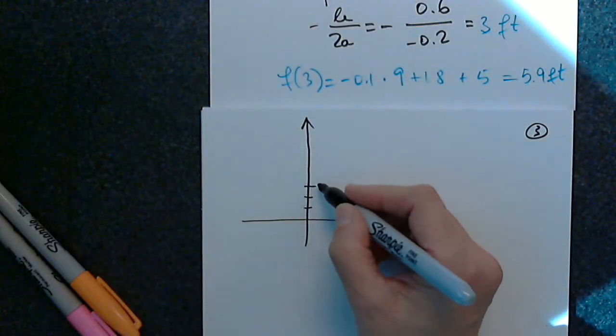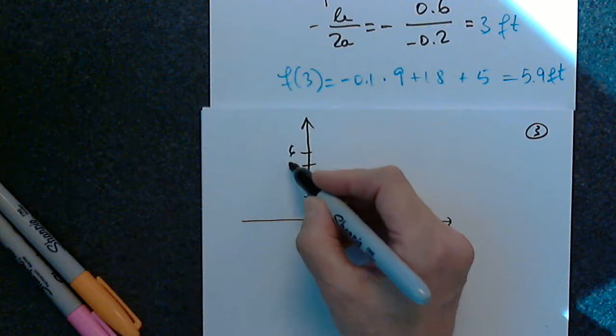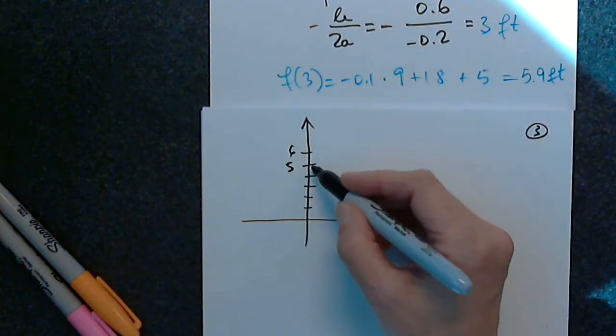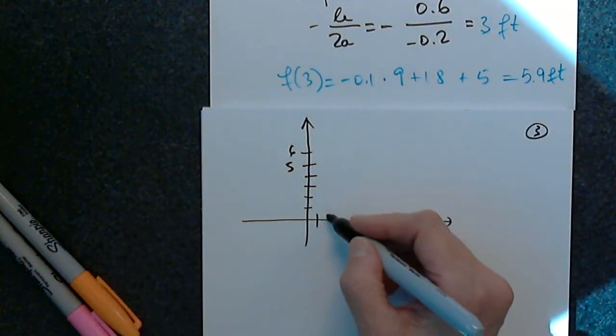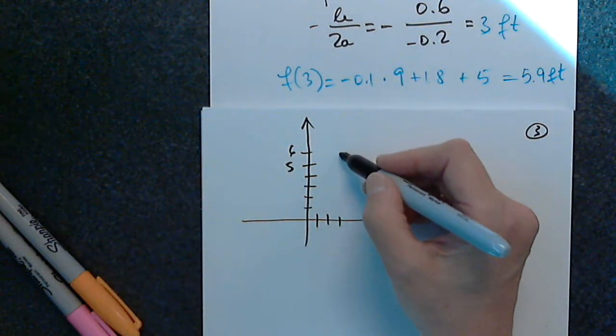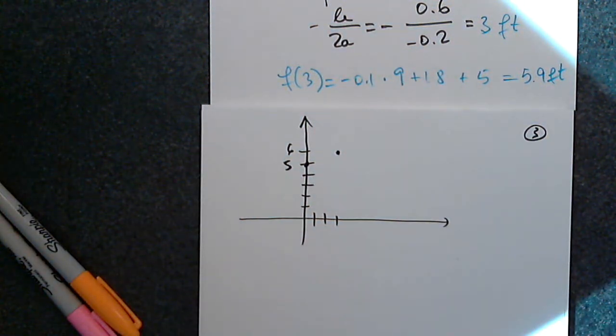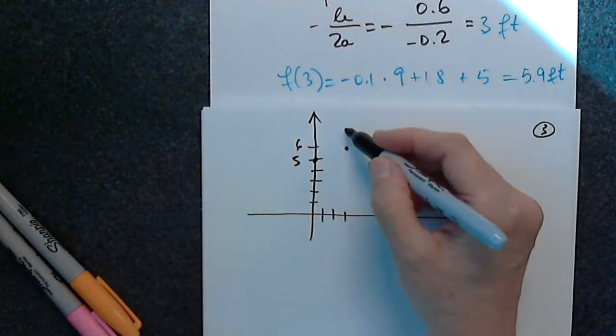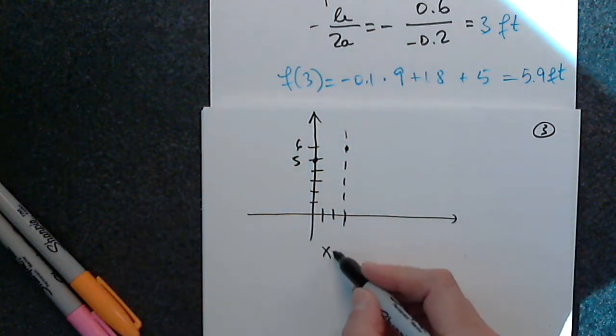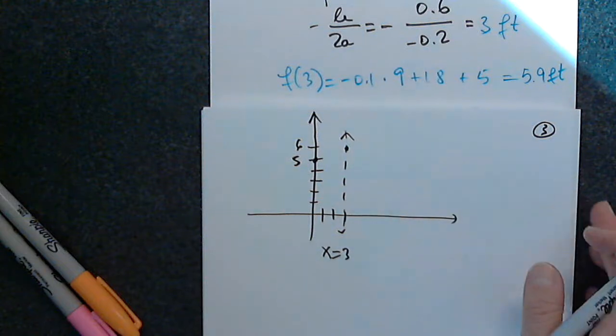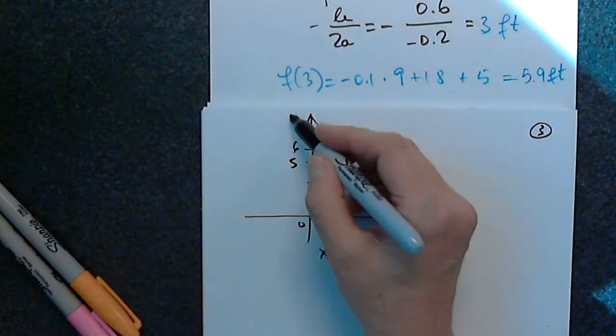So 1, 2, 3, 4, 5, and 6. And this is 5.9 at 3. And it starts here. So I already have 2 points for this function. And this is definitely the axis of symmetry, x equals 3. So this is what I know so far.